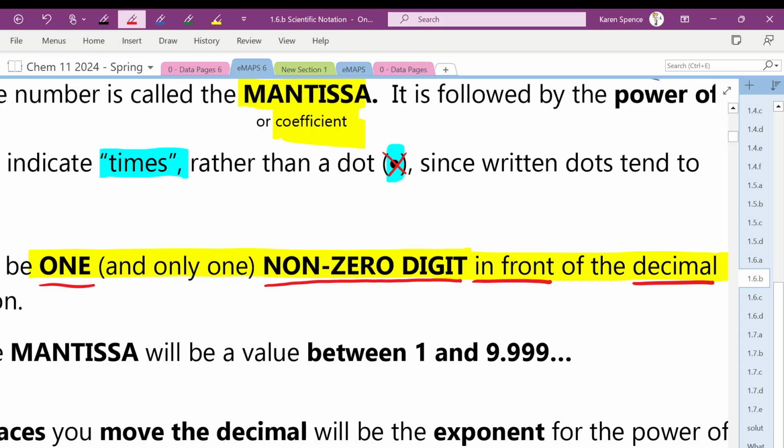So in other words, the coefficient, the mantissa, will be a value between 1 and 9.99. You're never going to have 0.8 times 10 to the 3 or 0.046 times 10 to the 3. You will never have a 0 in front of the decimal. You will also never have 10 times 10 to the 3 or 15 times 10 to the 3. The largest number you can have for a coefficient is 9.99.